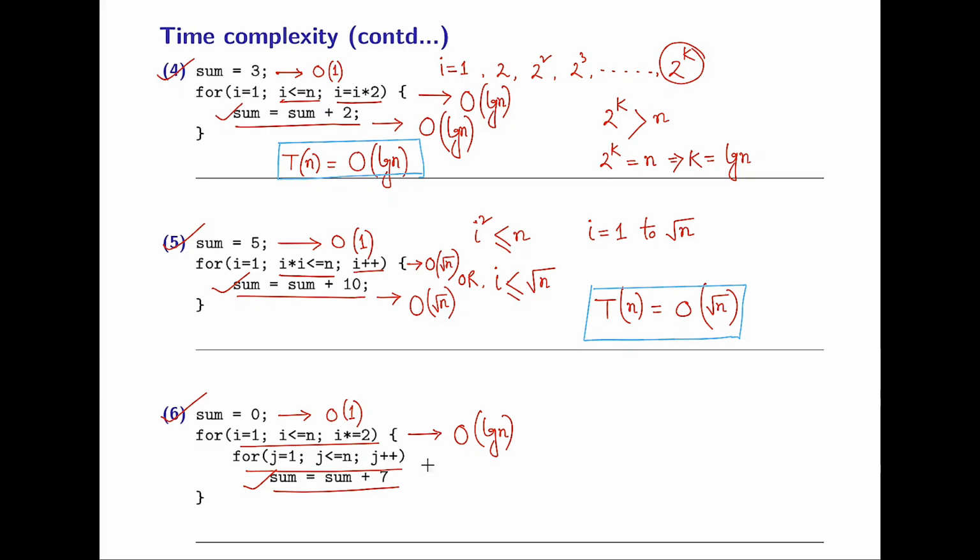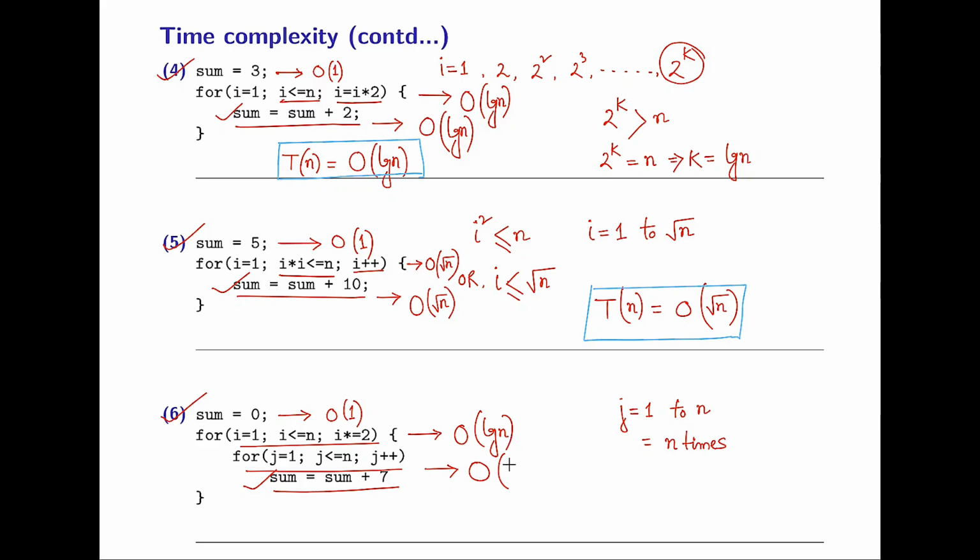Now the next loop, here you see, for j equal to 1, j less than or equal to n, j plus plus, by itself how many times will it run? j equal to 1 to n, right? So n times it will run. So this loop will run n times, but for each value of i, this loop is going to run for n times. And this outer loop is going to run big O of log n times.